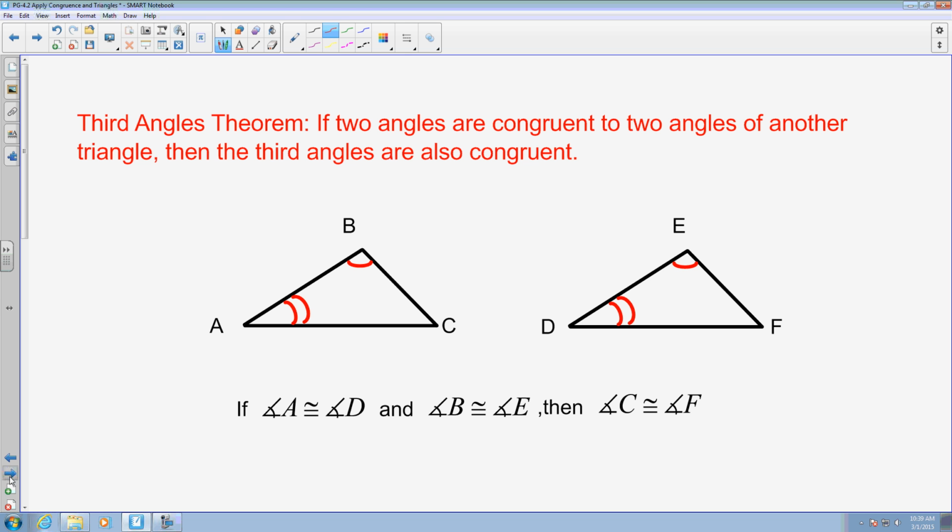If you added up all the interior angles of a triangle, it would give you 180 degrees. So if we knew A and B and D and E respectively were congruent, we could say that angle C and angle F would also be congruent, because that also comes from the triangle sum theorem. So they've just given you another name to help you out and another way to solve it.